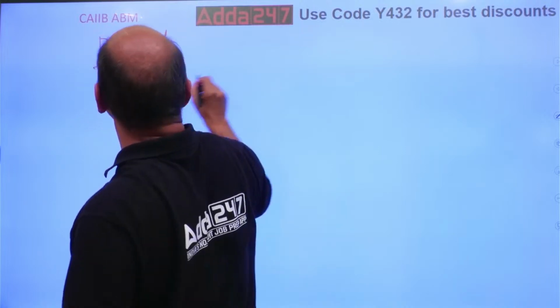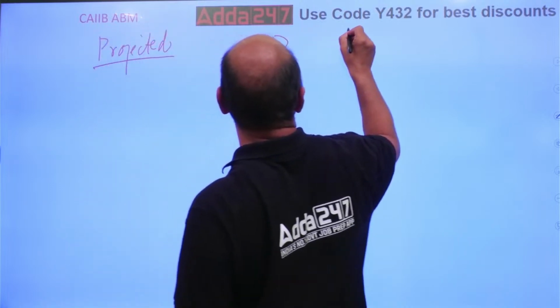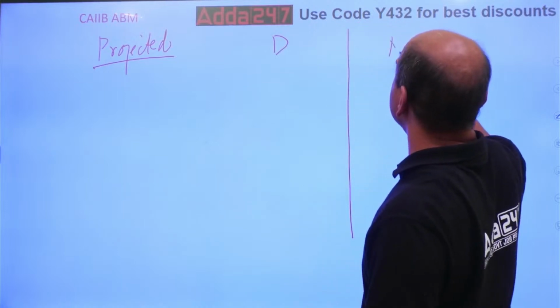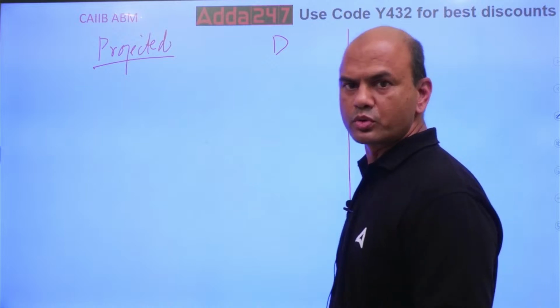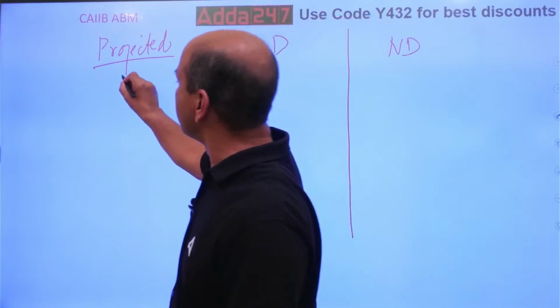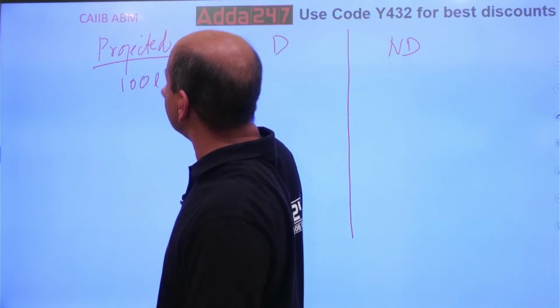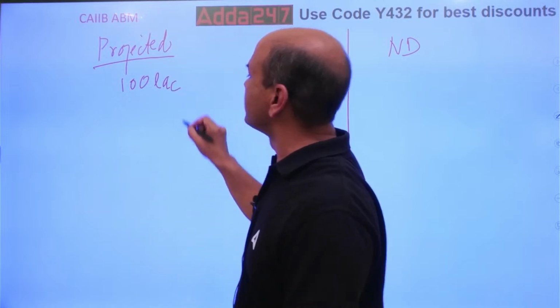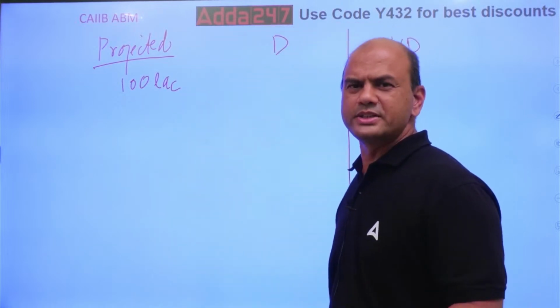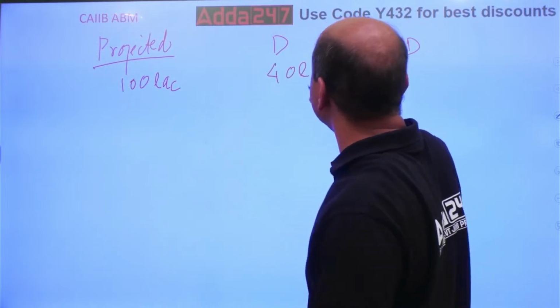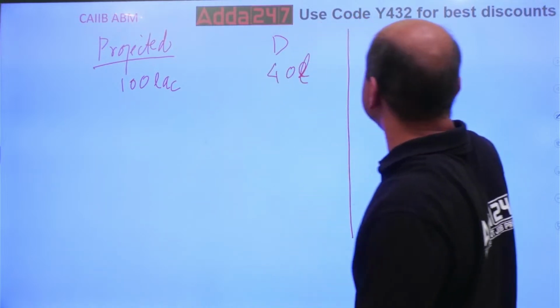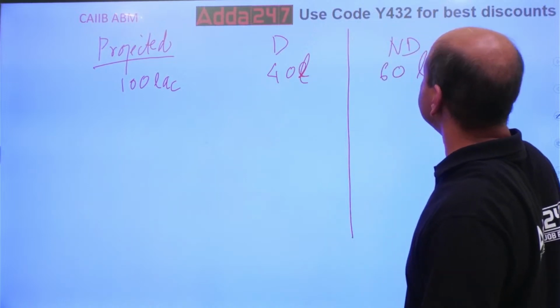Out of this, digital and non-digital. Total turnover is 100 lakhs. Out of these 100 lakhs, 40% is through your digital, so 40 lakhs. Then 60 lakhs is non-digital.